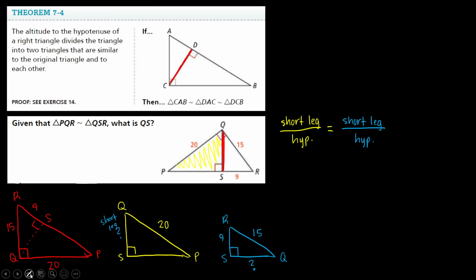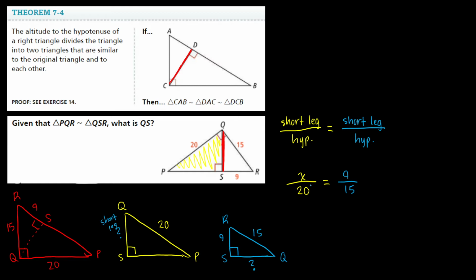So let's fill in what we know. My short leg, I don't know it. It's going to be X. And my hypotenuse is 20 units. And that's going to be equal to the short leg in my blue triangle, which is 9, over the hypotenuse, which is 15. So from here, we've got an easily solvable proportion.